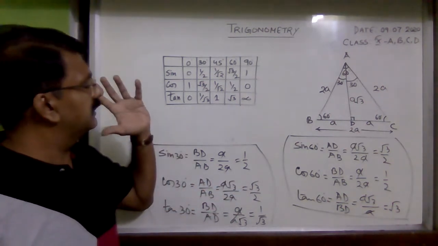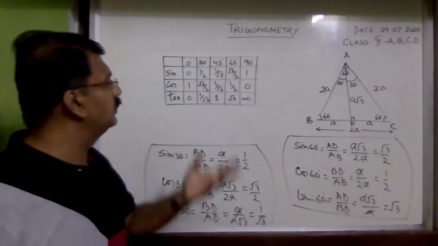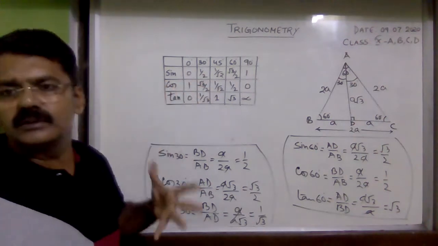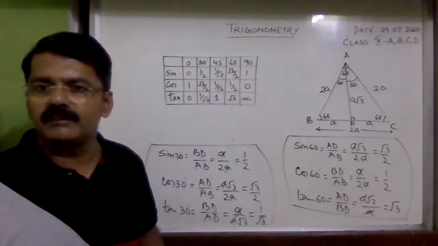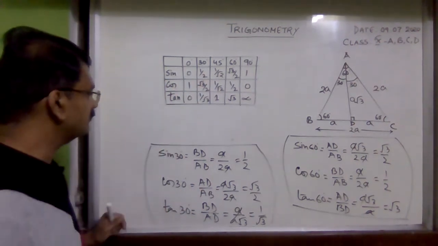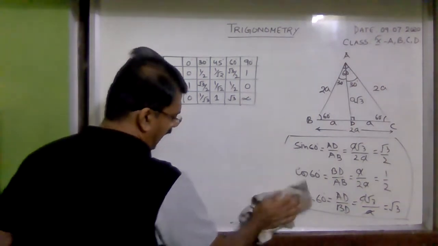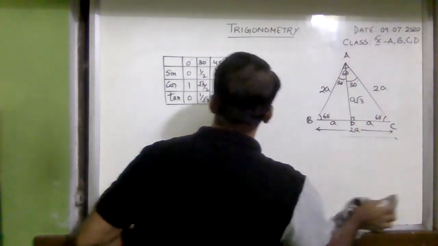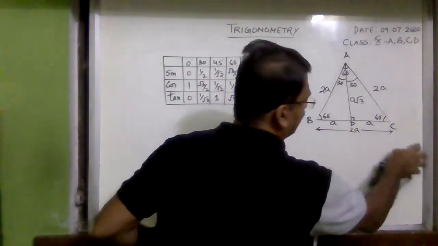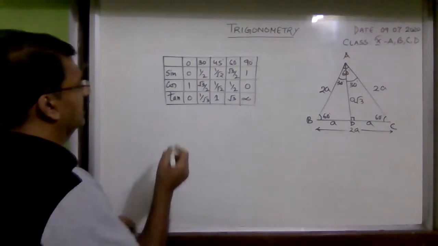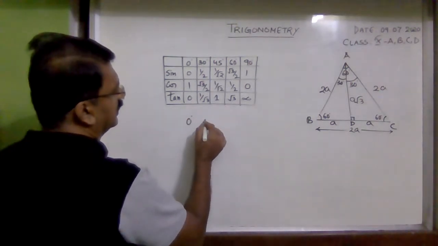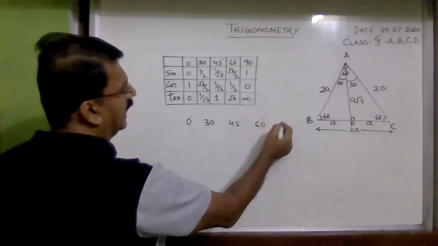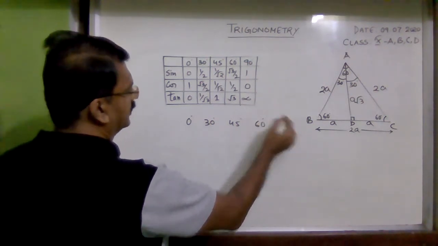Now there is only one option for you. You have to learn these values so that we can apply them in various questions. Although I will tell you a trick in case you forget these values, you can write the values 0, 30, 45, 60 and 90.